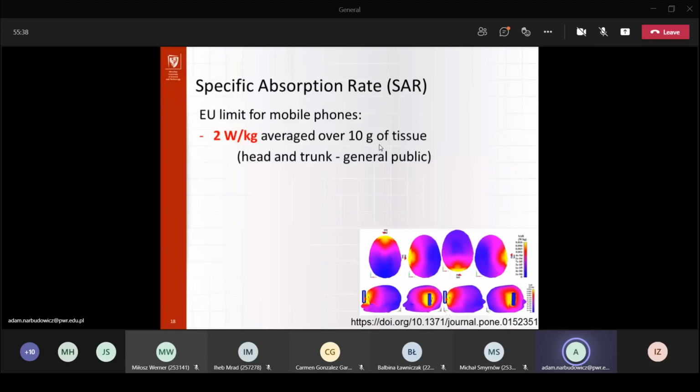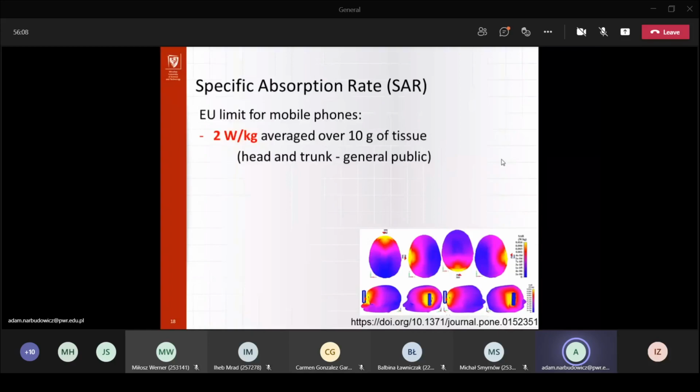Whereas for head and trunk we mean the main body of a human. This was lowered to 2 watts, and also this phrase refers to the general public. So what we mean by that is simply the ordinary users, customers. So basically, this means ordinary people.